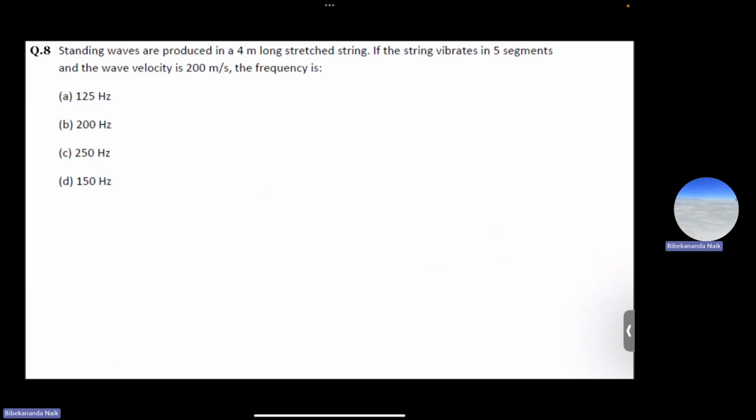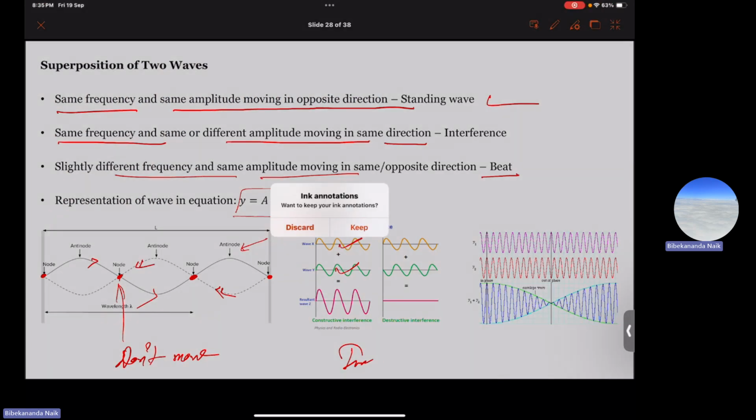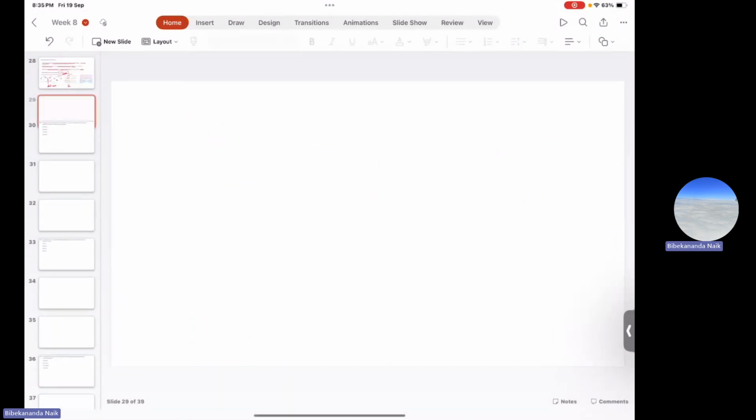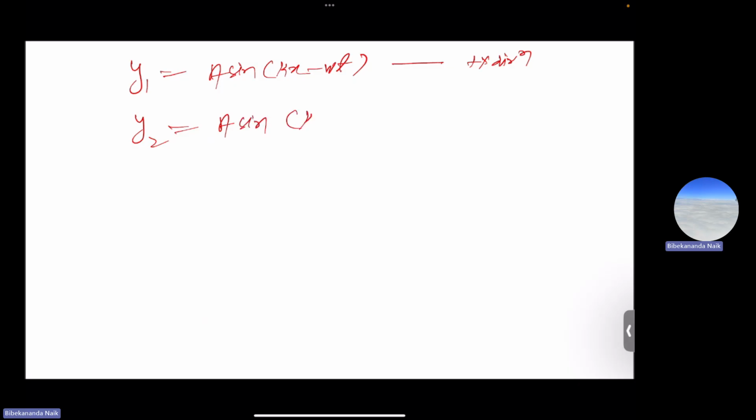So if you talk about the two waves, let's discuss the superposition of two waves. Suppose one wave, this is y1. y1 is a sin(kx minus omega t), so it is moving along plus x direction. y2 is a sin(kx plus omega t).